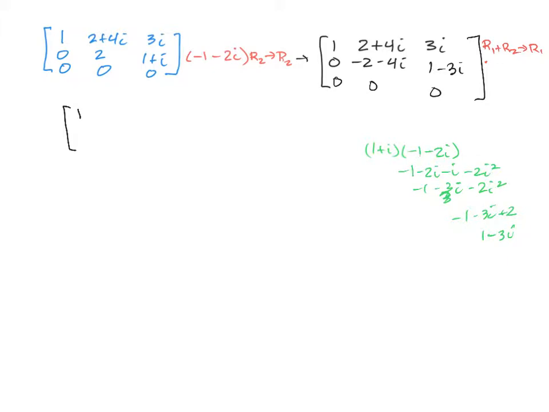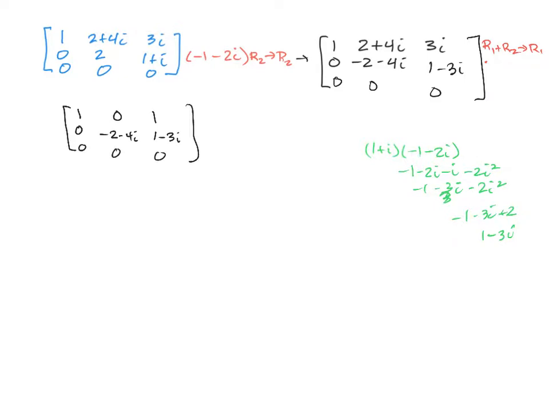When we add the -2 and the 2, and the 4i and the -4i, we do get that very important 0. And then the 3i plus the 1 minus 3i gives just a 1 there. Down here, we still have our 0, our -2 minus 4i, and our 1 minus 3i, and a row of zeros.